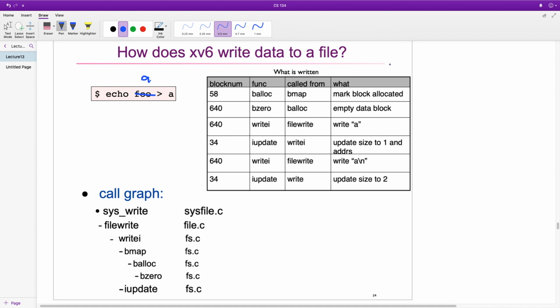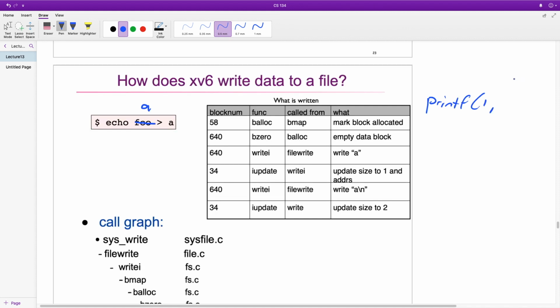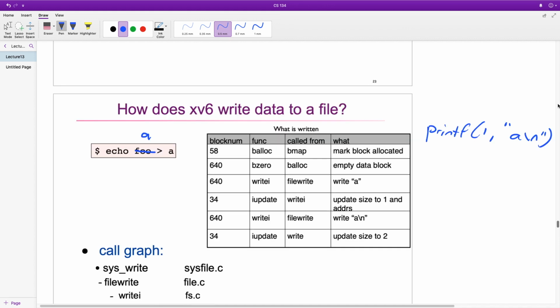So the code will look something like printf 1 and the equivalent of a new line. And yet, we're just going to get a write for the A. And the reason for that is XV6 has its write routine is pretty dumb in that its printf is pretty dumb in that it breaks it down into just calling write once per character.